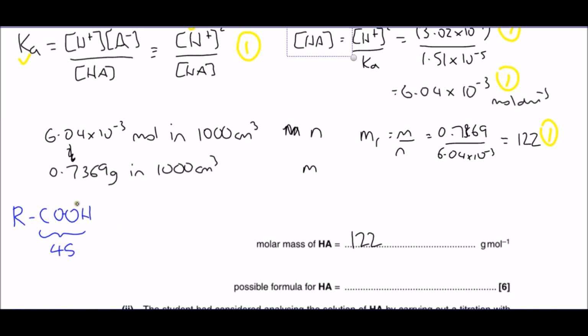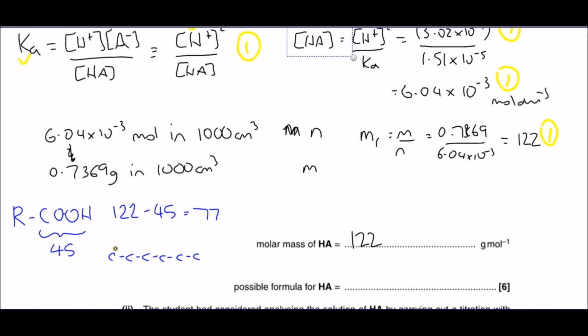The total for this compound is 122, so if we take away the COOH group, what we're left with is 77. What I now need to work out is how many C's and H's make up 77. The fast way of doing this is to do 77 divided by 12, and I get an answer of 6.41. So the chances are I'm going to have 6 carbons.